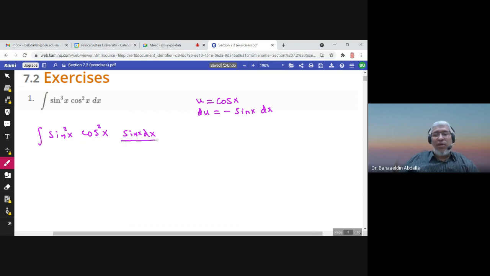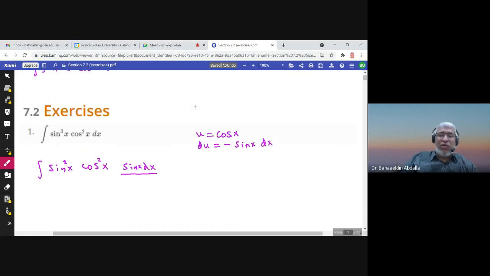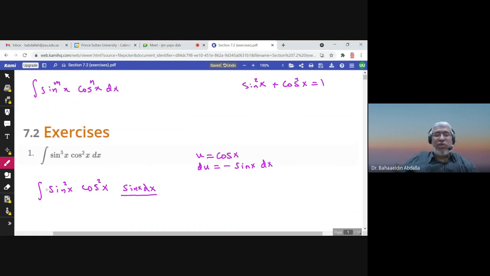So I prepared the du, and now I should take cosine as u, but there is sine in the question. So this sine doesn't suit me because I cannot change it to u. So I must change it to cosine using this formula.